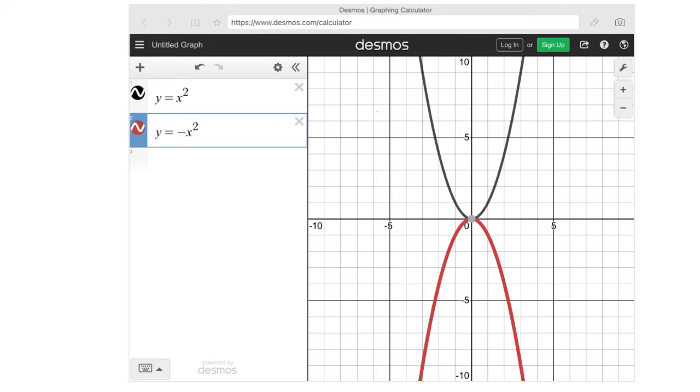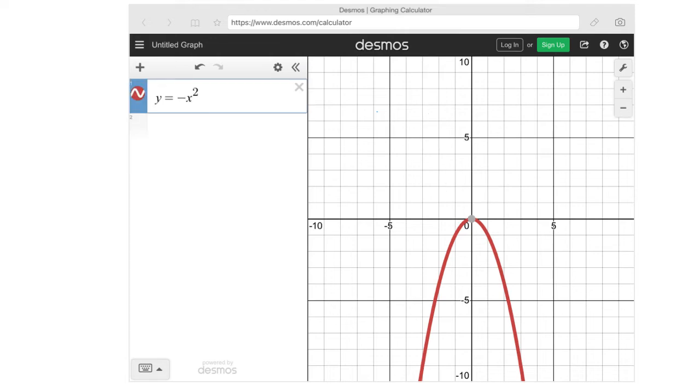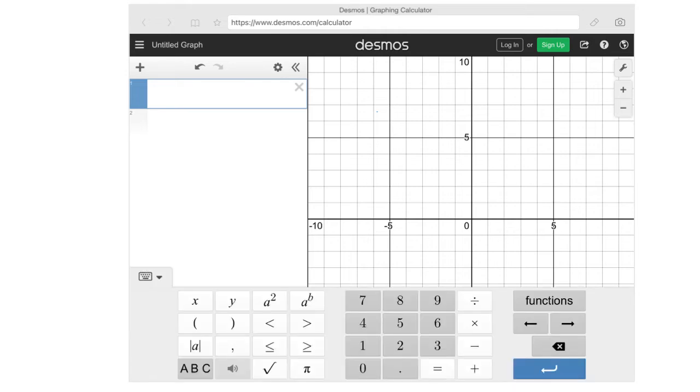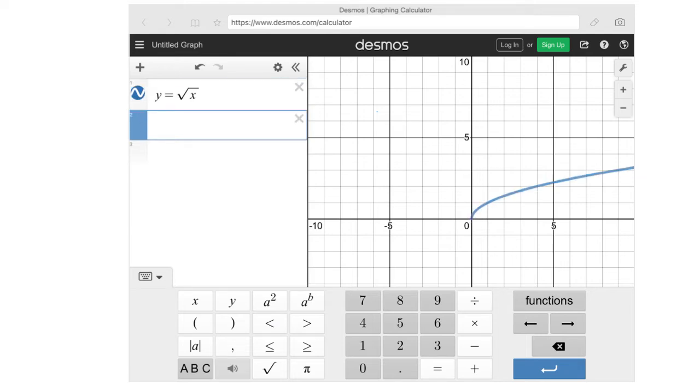And that may have led us to adjust our function with our square root graph. So if I just punch in my good old square root function, and now if I want the function on the other side of that x-axis, then I can punch in my negative square root function.